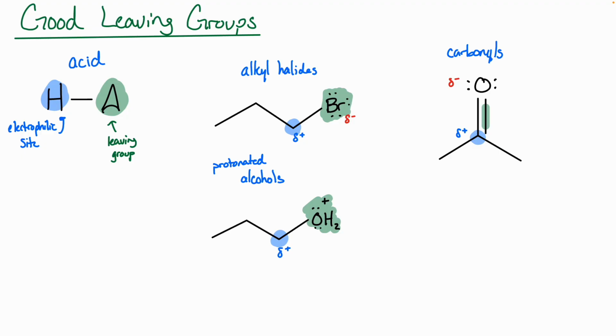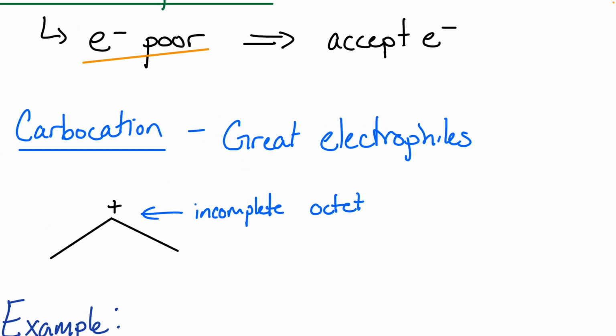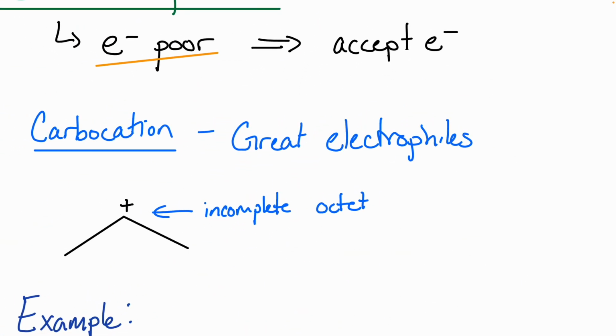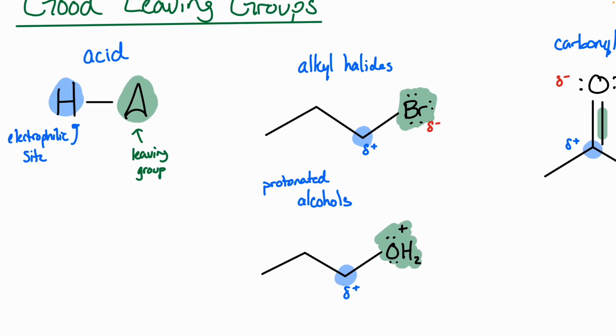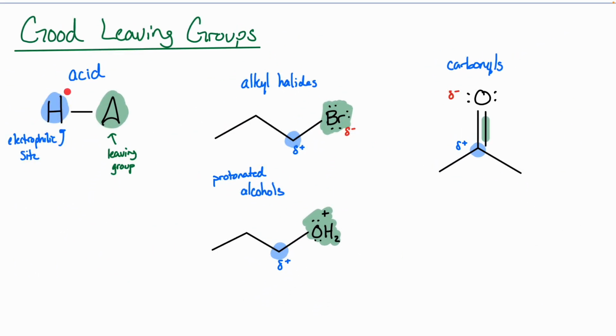Okay, so we do have our positively charged carbocations that are great electrophiles. Those carbocations can accept pairs of electrons because they have an incomplete octet. Most of our electrophiles, though, need that electrophilic site, but they also need a good leaving group built in as well.